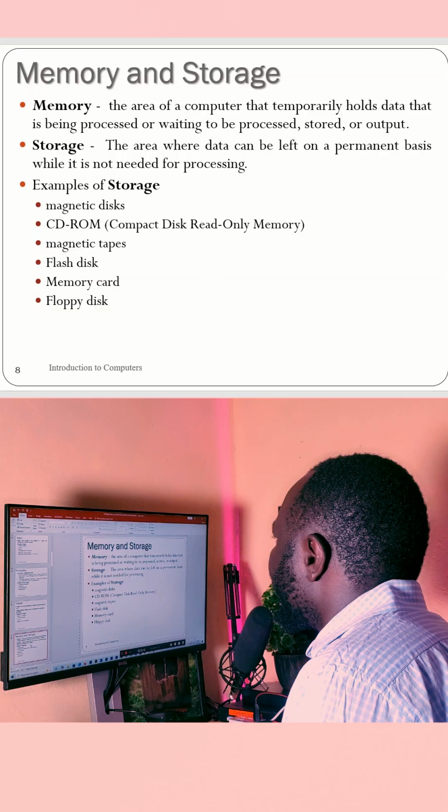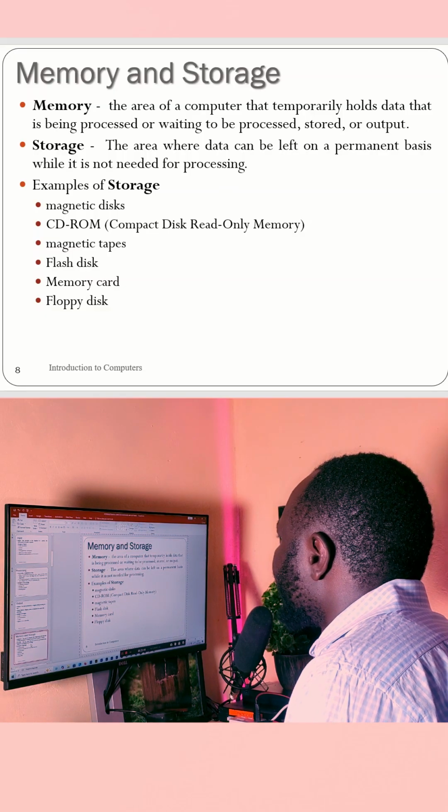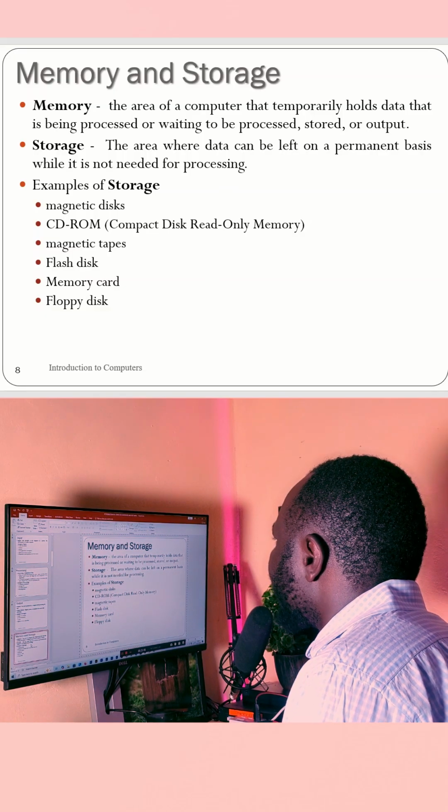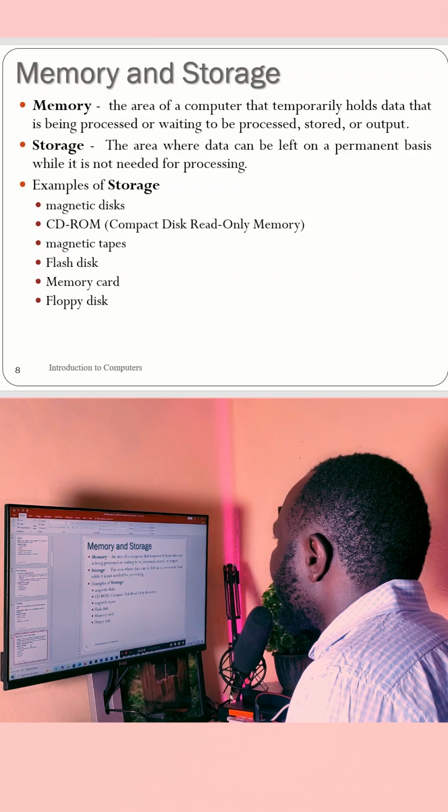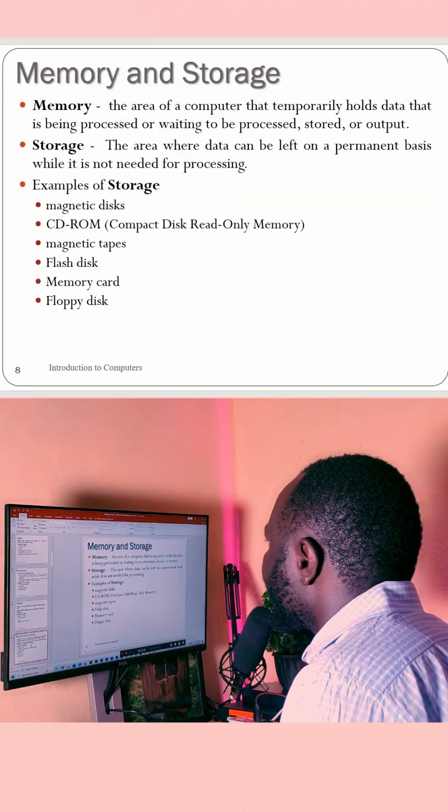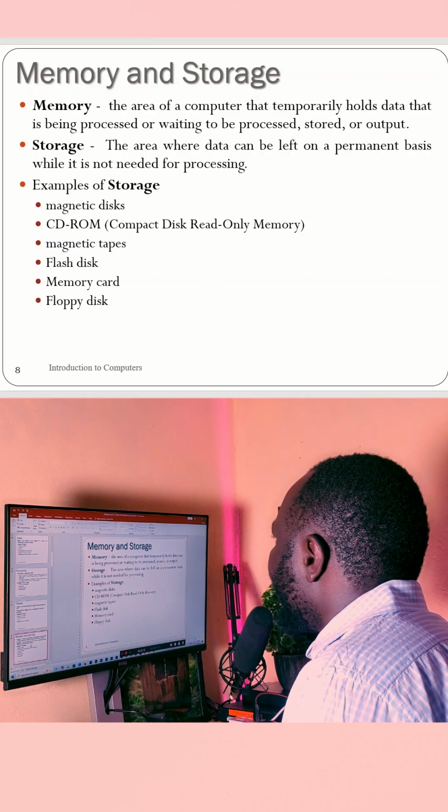When you power on your computer, the sets of instructions on your operating system are loaded actually on the memory, which is known as the RAM. Without the RAM or the memory, your computer can't operate.